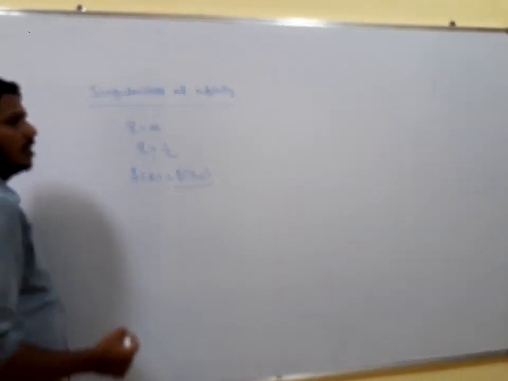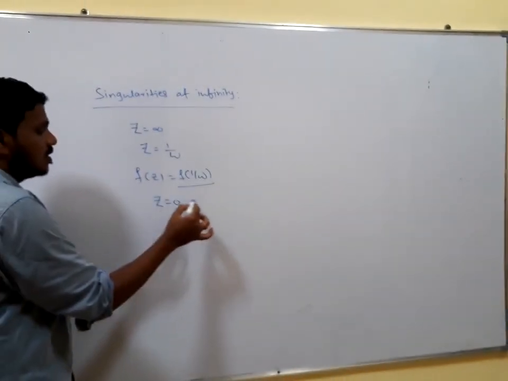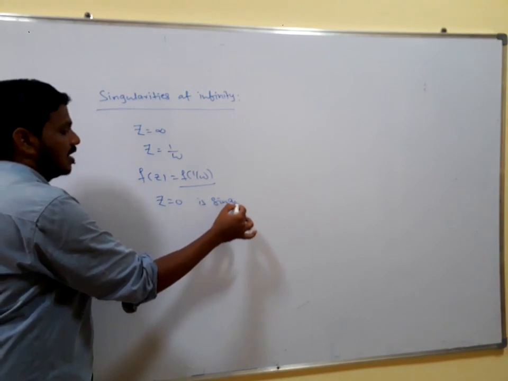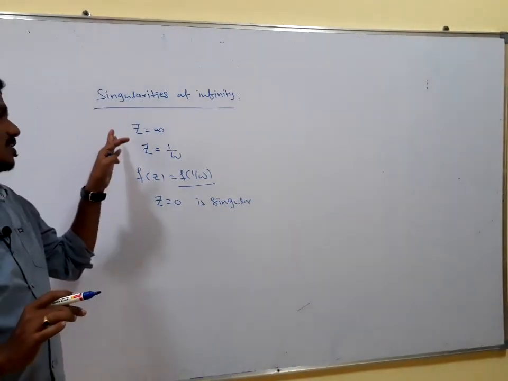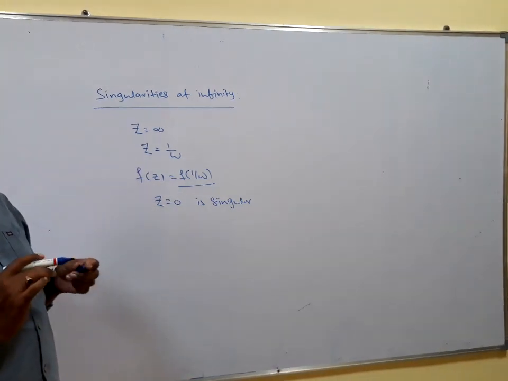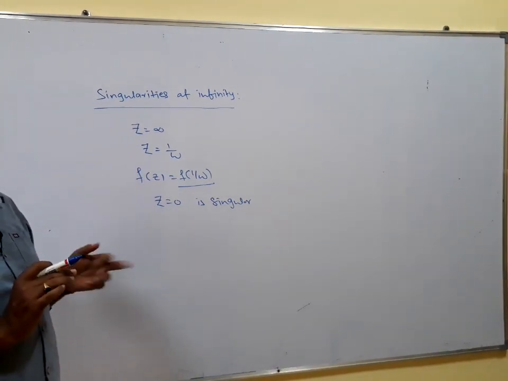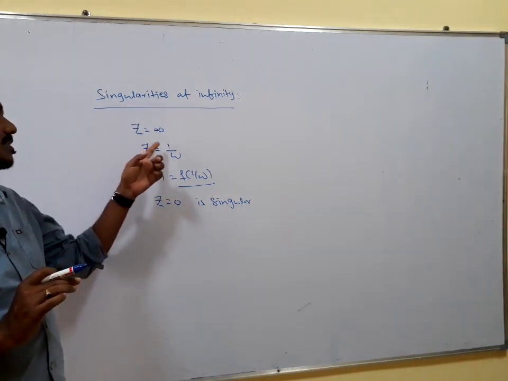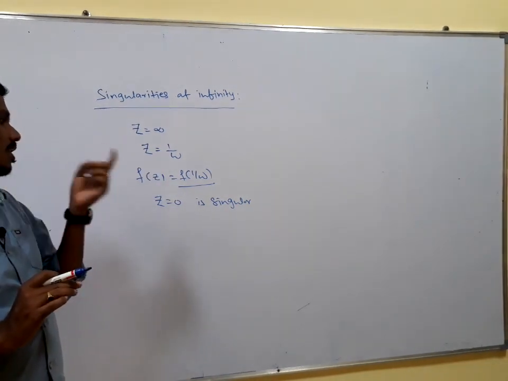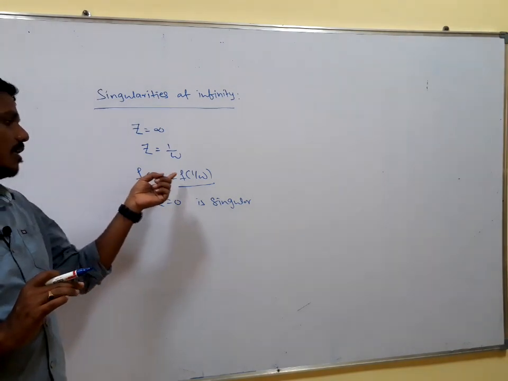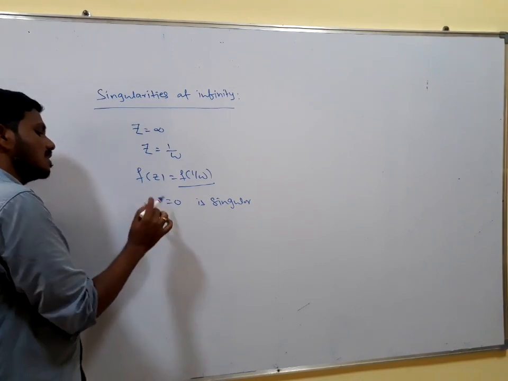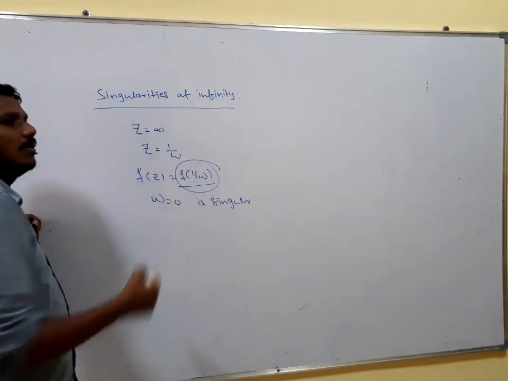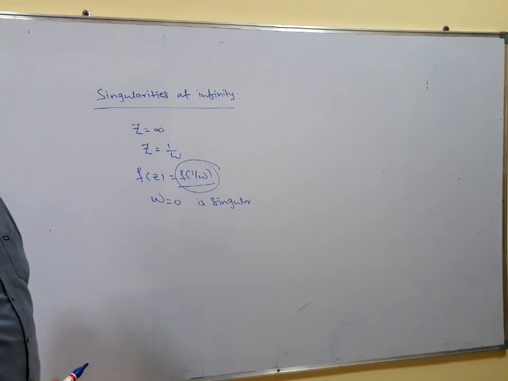For the function f of 1 by w, if w equals 0 is a singular point, it is similar to the analyticity at z equals infinity. We say that z equals infinity is a singular point of f of z.